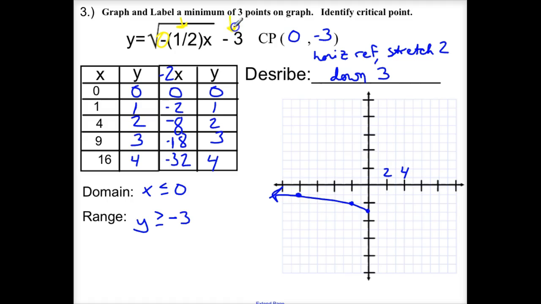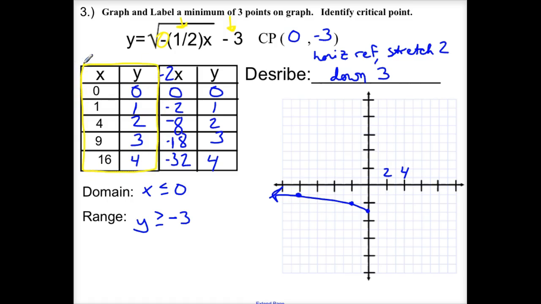And then outside the asymptote, we have a -3, so it's going down 3. Because we have a shift that changes our critical point, our only shift is vertical, so our critical point is 0, -3.